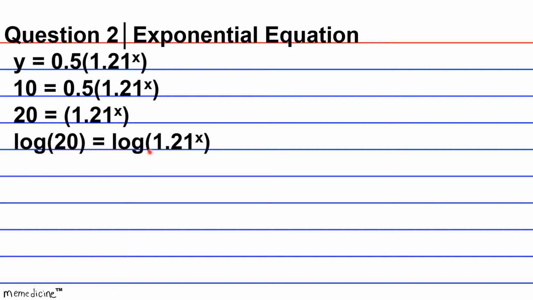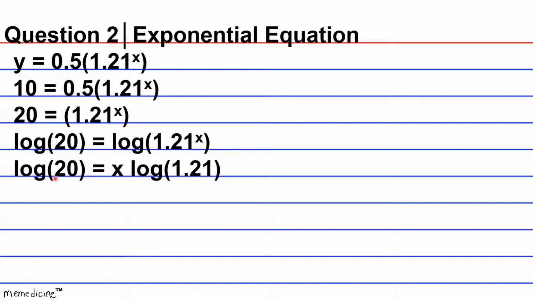So the power rule of logarithms says that the logarithm of a power raised to an exponent is equivalent to the exponent times the logarithm of the power, or the base.